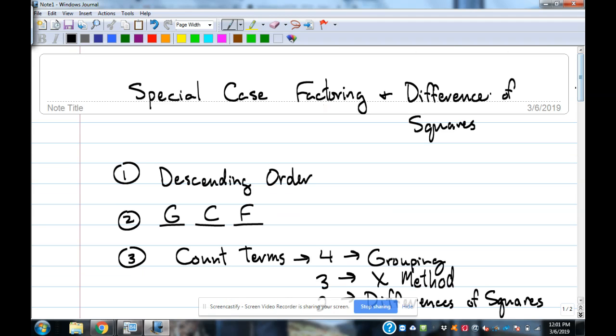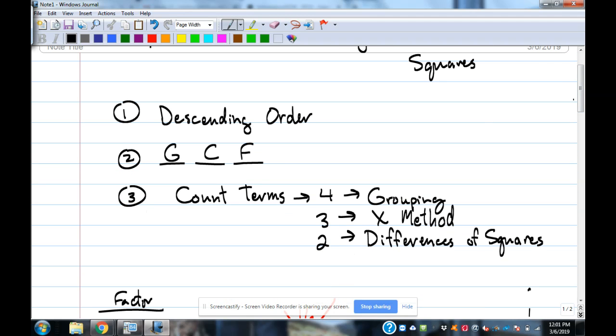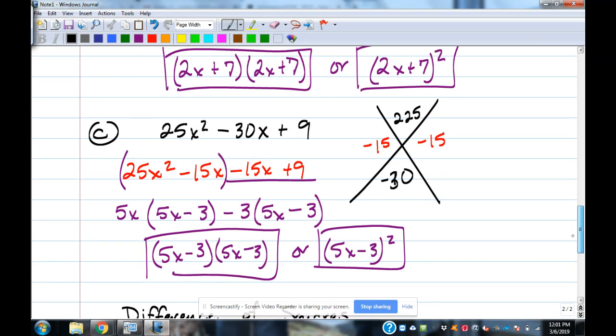If there are two terms, we're going to try that difference of squares method. Well, the only way it's a difference of squares method is if it's got a minus sign in it. If it doesn't have a minus sign in it, then it can't be a difference of squares. So you've got to recognize difference of squares means subtraction problem, and squares means square numbers.